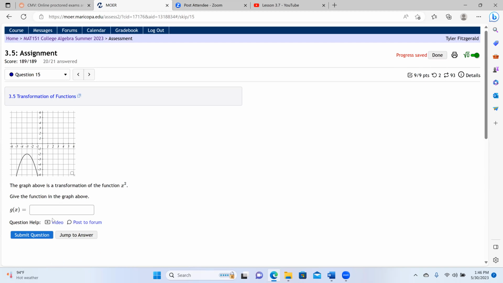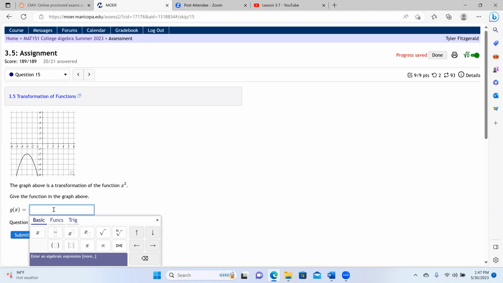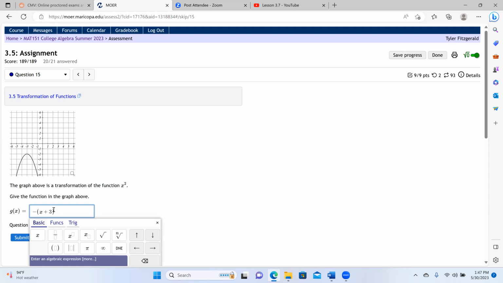Okay, and not in parentheses or anything like that, so negative, and then it would be x, and because it's shifted over to the left 3, then it would be +3 squared, and then down 2, so -2. Can you see my screen? Yep. What you said was correct with the +3 squared -2. Good.